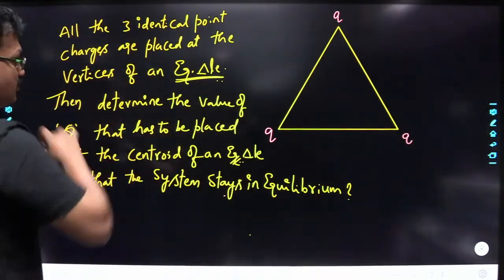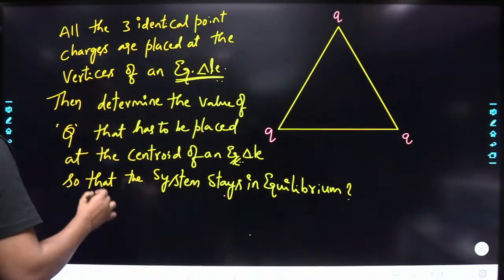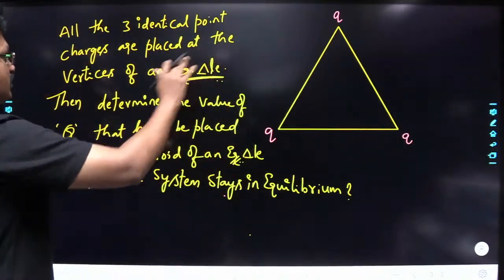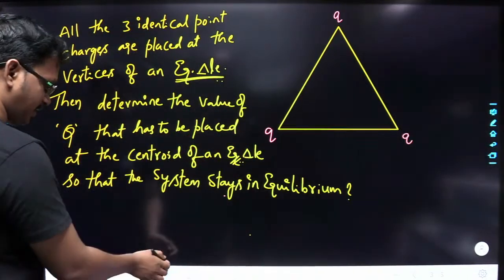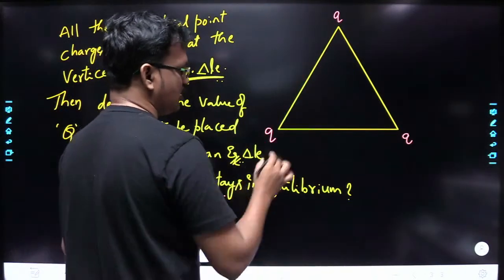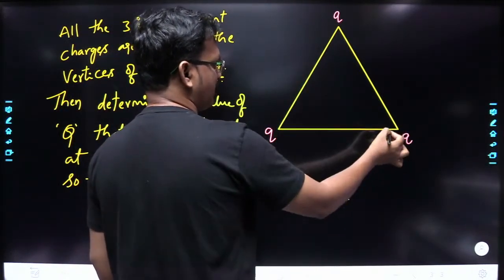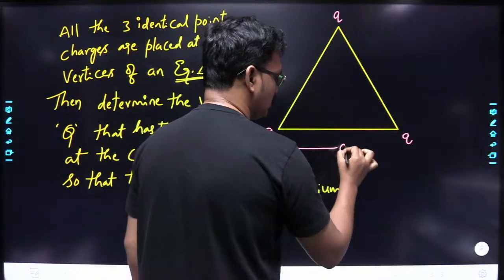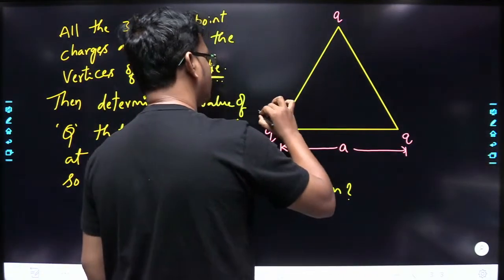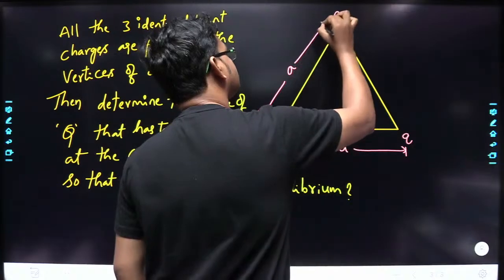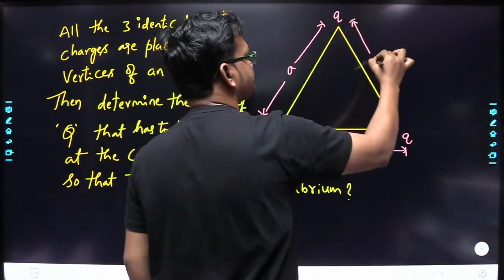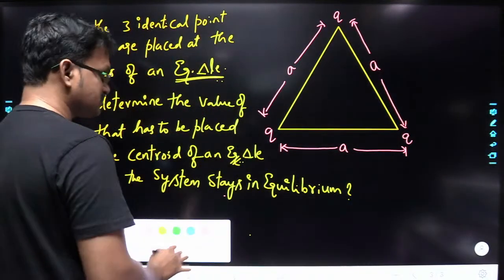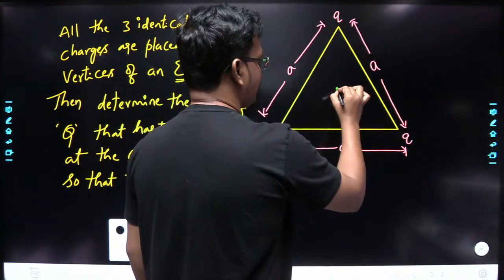Okay, so 3 identical point charges, that is Q, Q, Q, are placed at the vertices of an equilateral triangle. So this is the equilateral triangle here. So that means this angle is 60 degrees, this angle is also 60, this angle is also 60. So the length of each side is A. Now let us consider this as centroid.